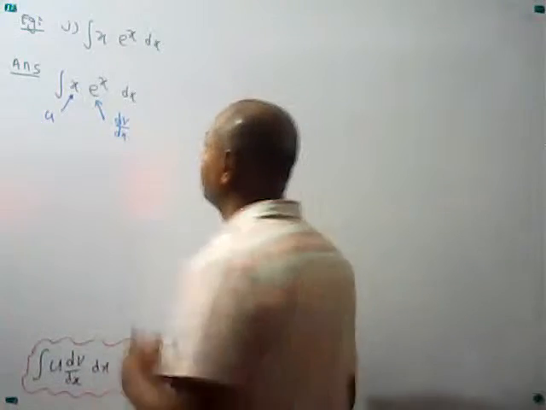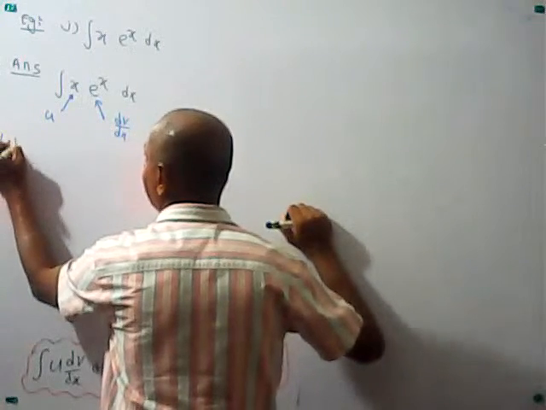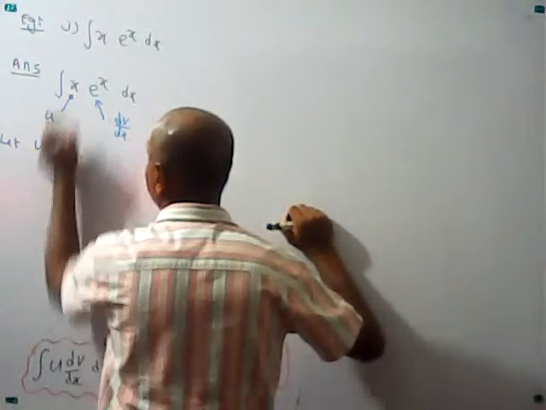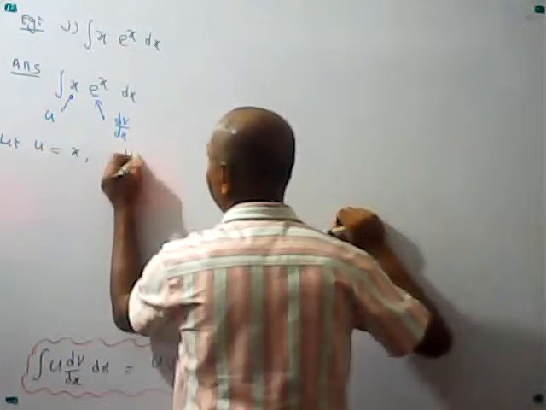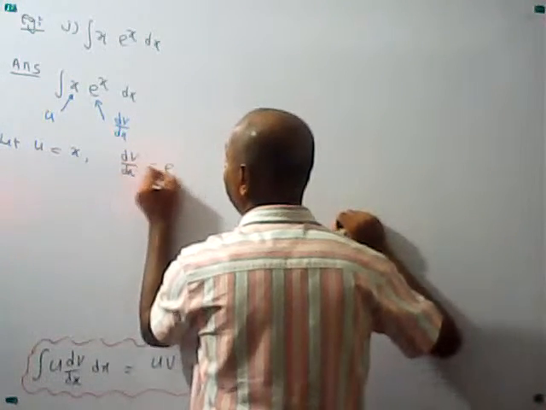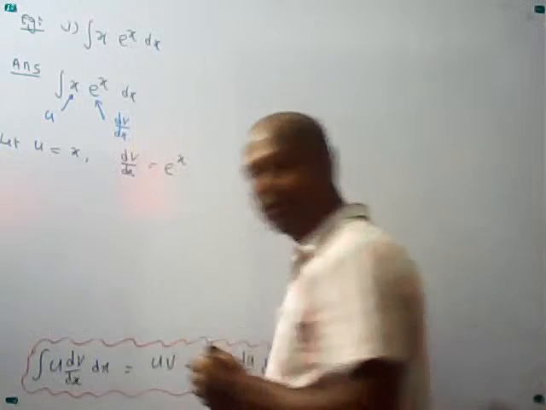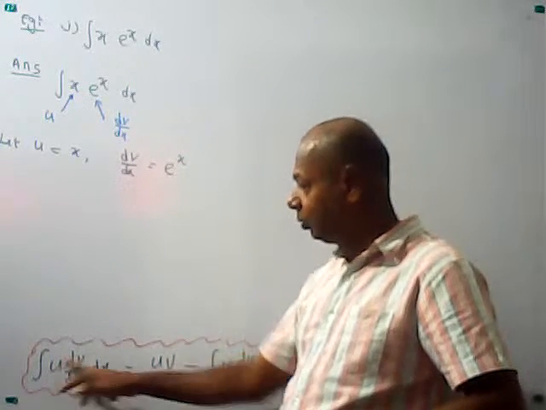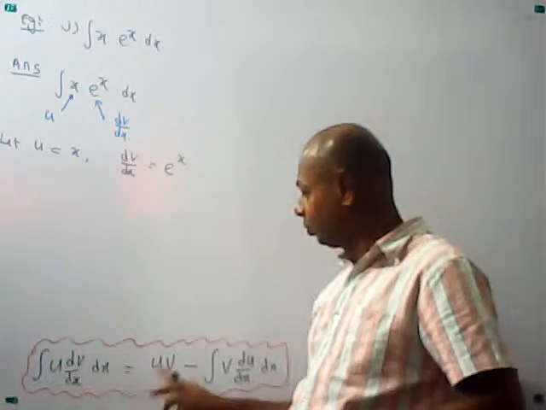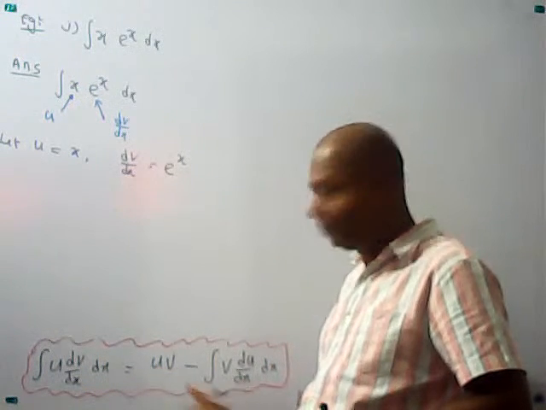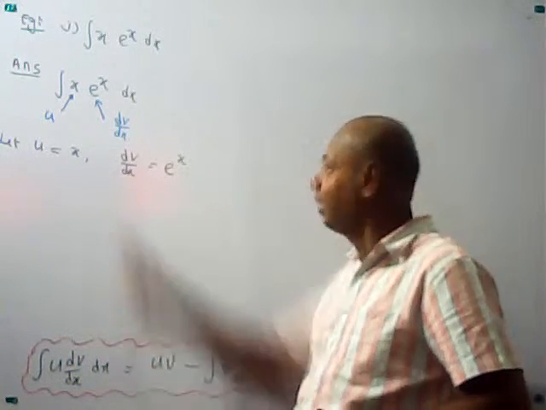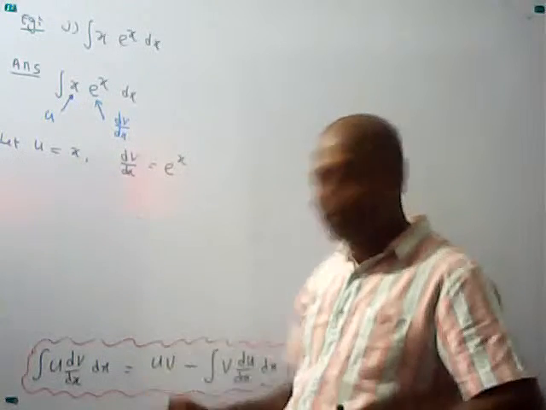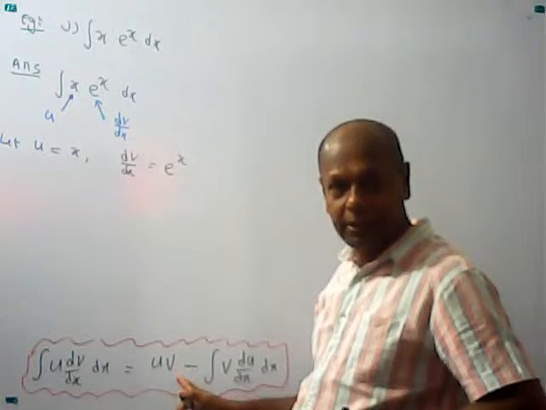Right. So let u be equal to x, dv by dx be equal to e^x. Then we are going to substitute in the formula. This is u, this is dv by dx. So to substitute, we need u, we have it, right? And we need v.